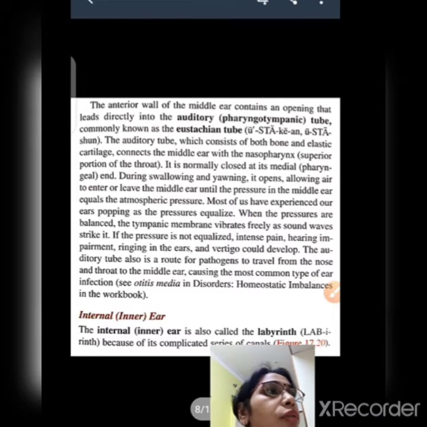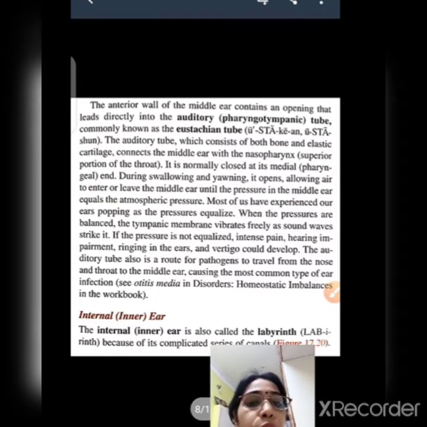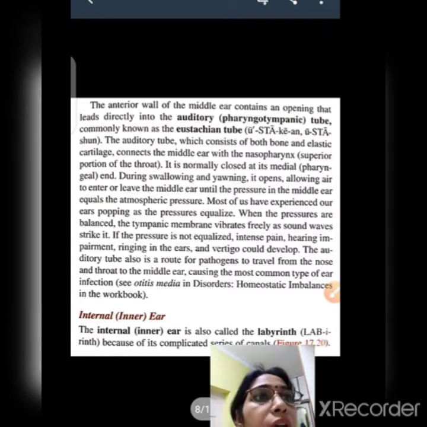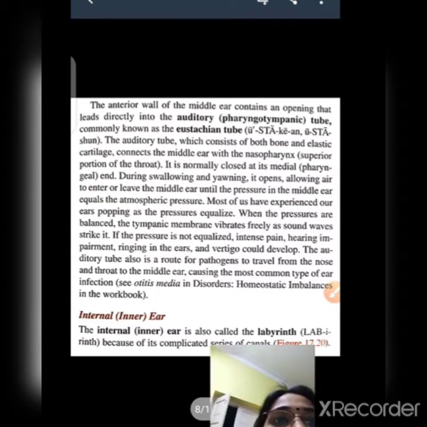The anterior wall of the middle ear contains an opening that leads directly into the auditory tube, called the eustachian tube. The auditory tube, which consists of both bone and elastic cartilage, connects the middle ear with the nasopharynx, the superior portion of the throat.